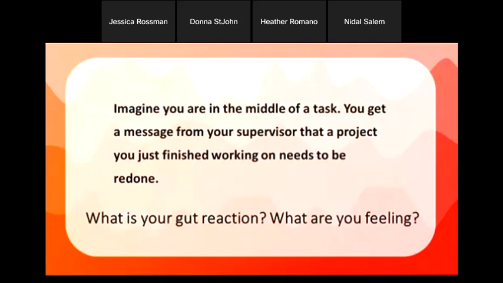Crystal says it depends on how fixable it is. But a lot of people are feeling some pretty negative feelings, irritated. And another one from Heather: if it's an email, flag it for later, and I'll tackle it when I'm ready.